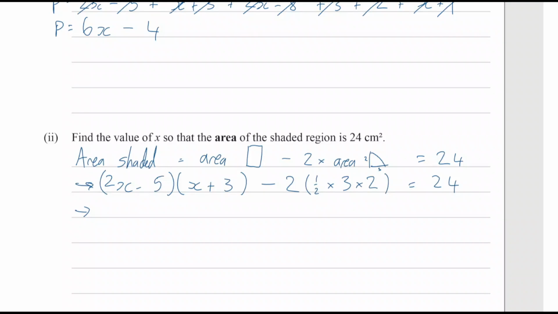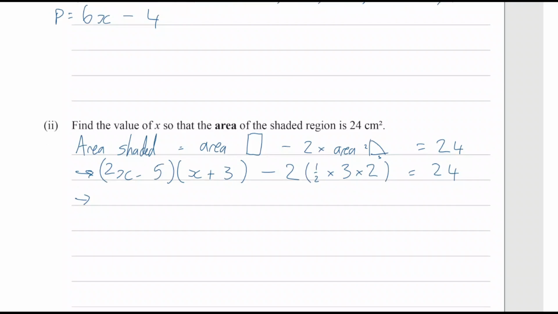So on the left-hand side, foiling this out, we get 2x squared plus 6x minus 5x minus 15. And then this can simplify inside the brackets. That's 3 times 2 is 6, times a half, that's 3.